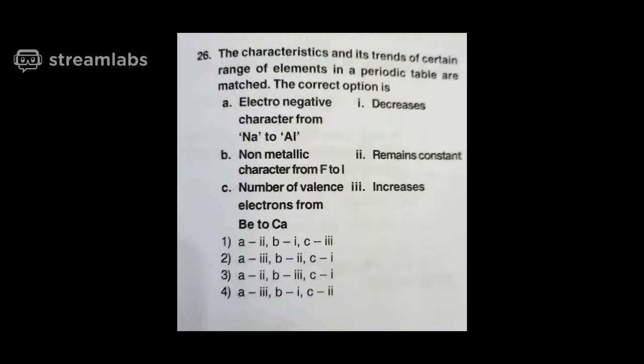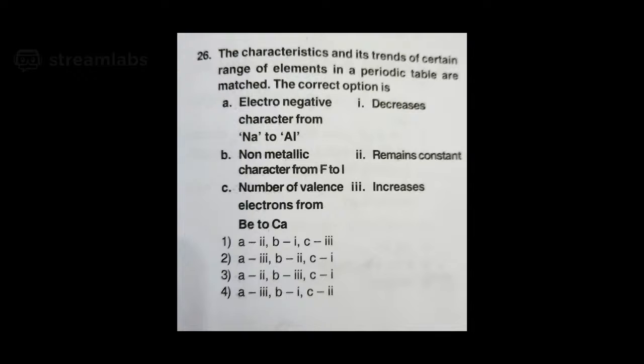The characteristics and its trends of certain range of elements in a periodic table are matched. The correct option is, remember, the electronegative character. Electronegative means non-metallic nature.